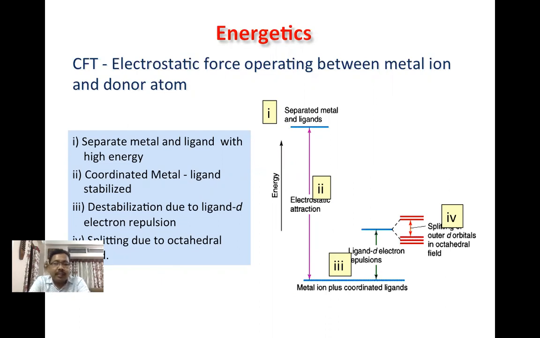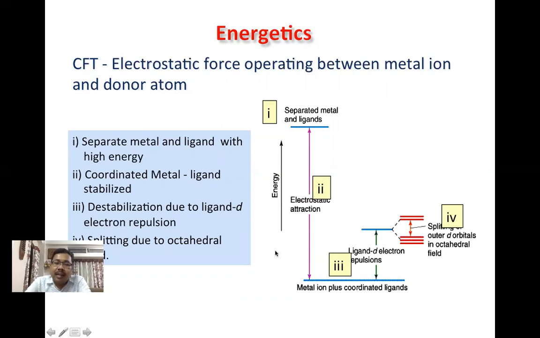So obviously there will be a tendency for both the species to get attracted to each other in order to form a coordination complex. And by doing that, it will minimize the energy of the system.